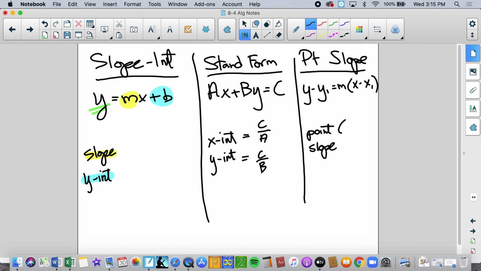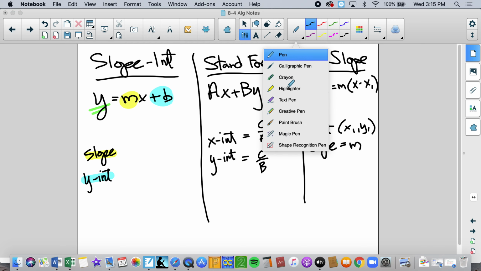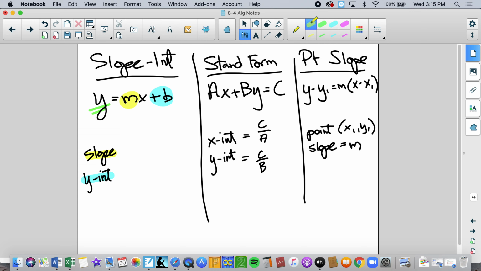the point is going to be x sub 1, y sub 1, and the slope again is going to equal m. Be careful of that because there's a negative in front of it typically, so we need the opposite of what you see.